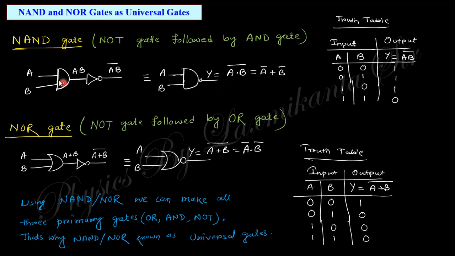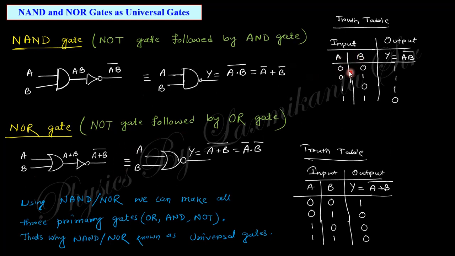That is the AND gate and then the NOT gate, that's why this is called NAND gate. In combination, the circuit symbol will be like that. So AND gate is the product, then the complement for the NOT gate. NOR gate is the OR gate followed by NOT gate. In combination, this will be the circuit.